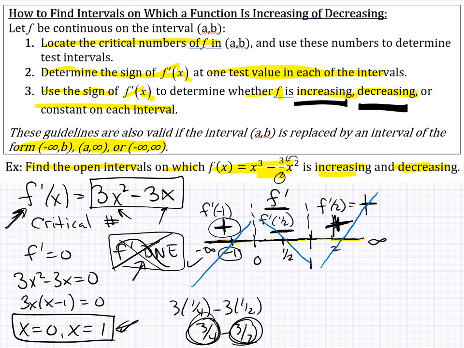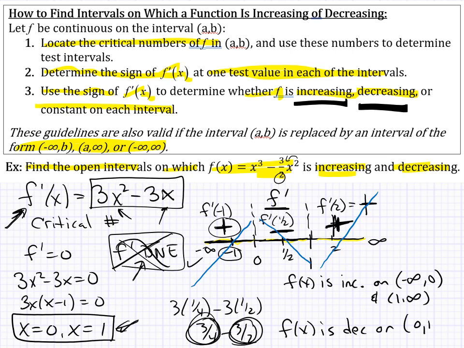So to answer this question, f of x is increasing on the interval from negative infinity to 0 and from 1 to infinity. We could also say that f of x is decreasing on the interval from 0 to 1. Now notice these are open intervals.